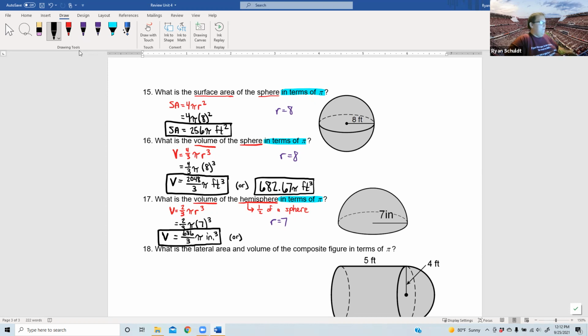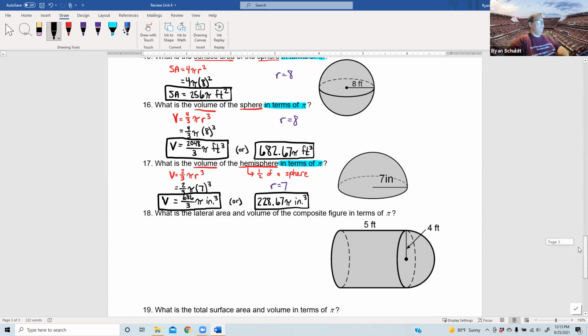So it's going to get us 228.67 pi inches cubed. Let me double check that. Yep. Okay.